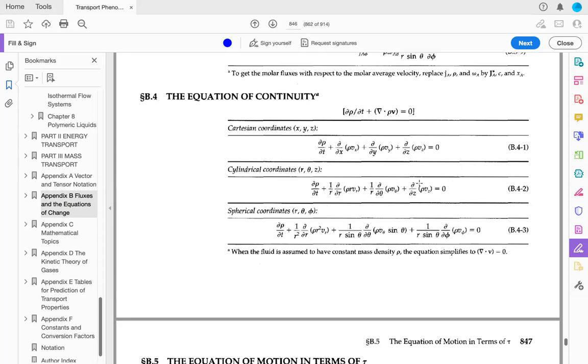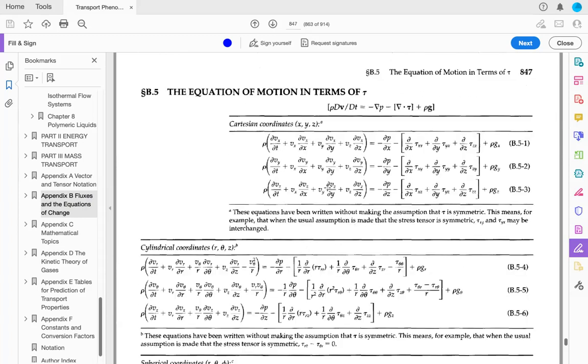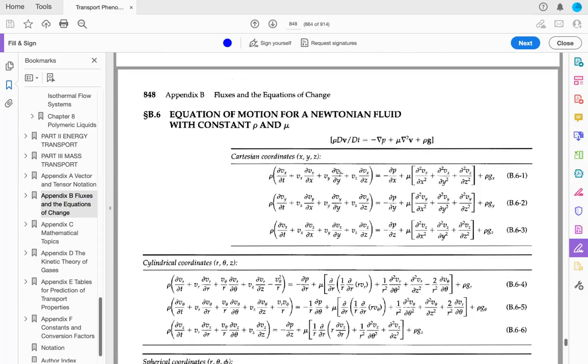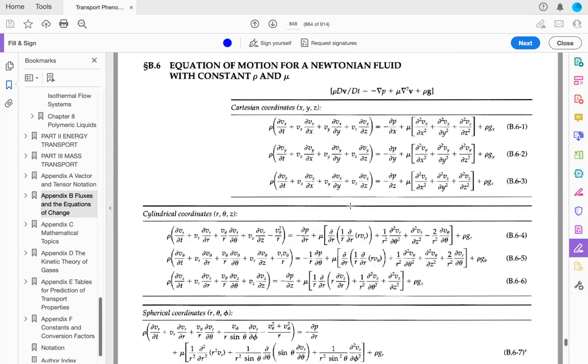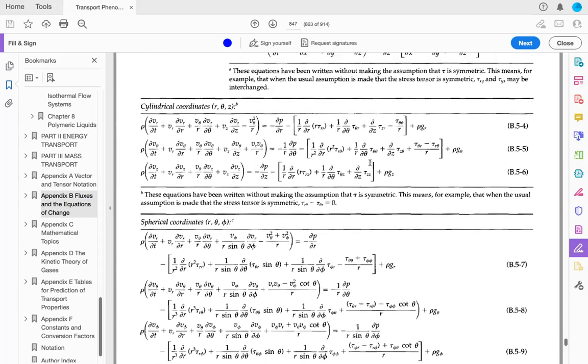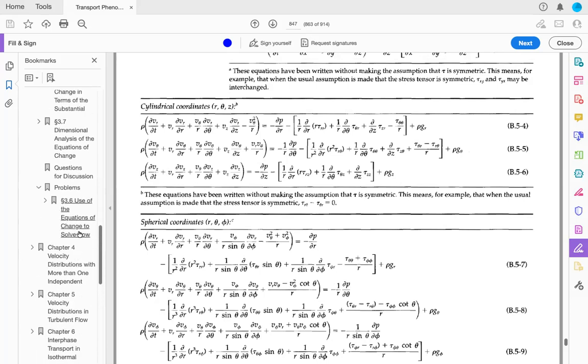The second one is the equation of motion, which can be in terms of stress, tau. Let me check again what they use for this one.